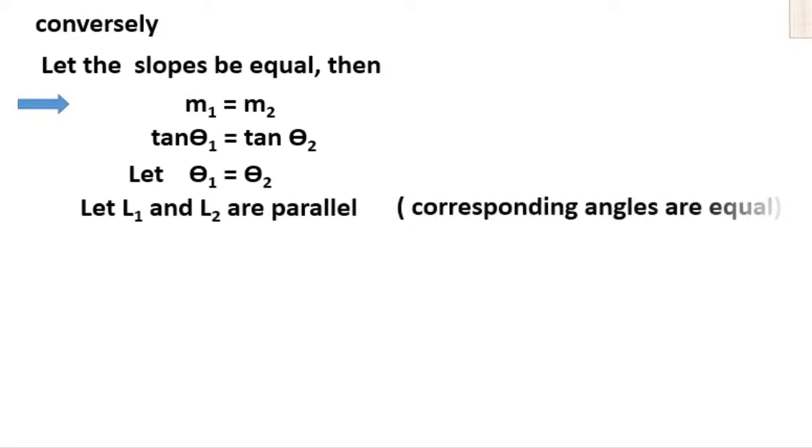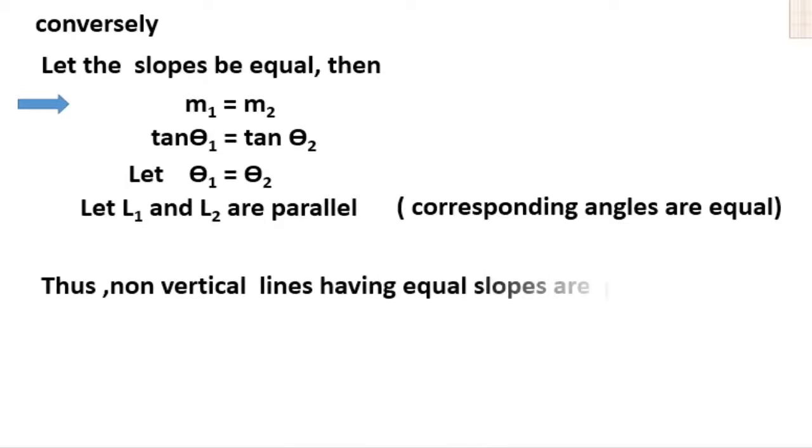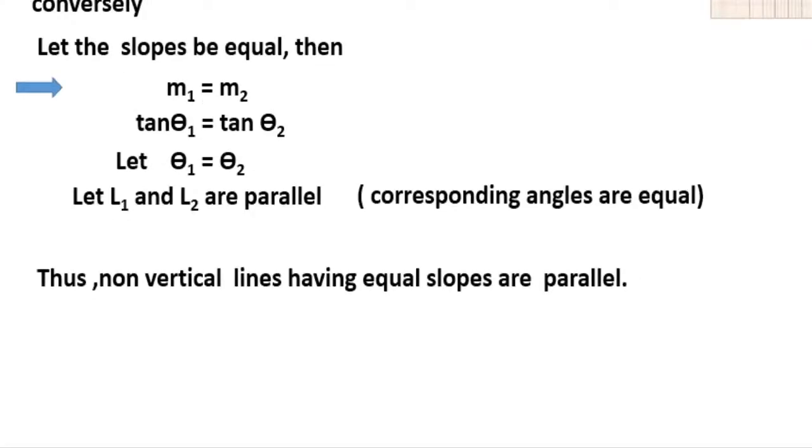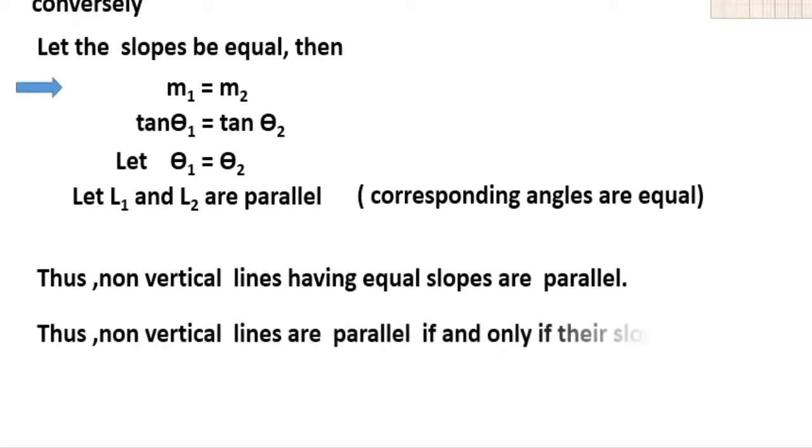Thus, non-vertical lines having equal slopes are parallel. Thus, non-vertical lines are parallel if and only if their slopes are equal.